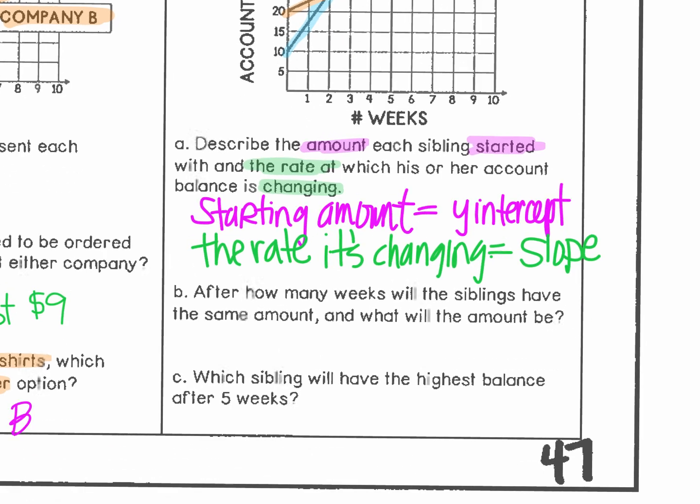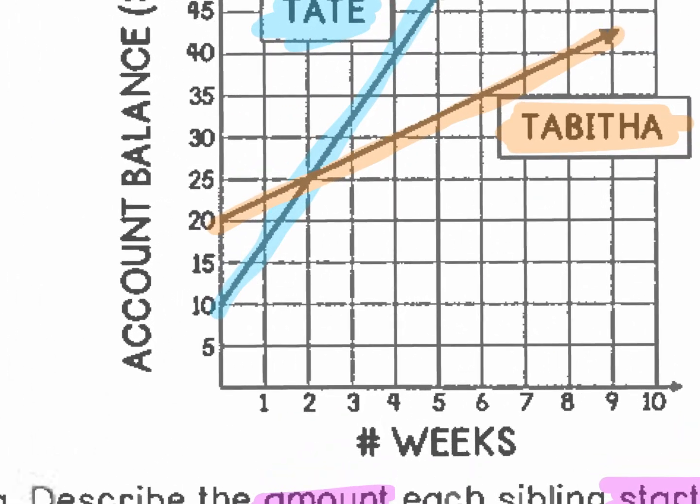Then letter B, it says, after how many weeks will the siblings have the same amount, and what will that amount be? So again, this is the new thing we're focusing on. When they have the same amount, how many weeks is it, and then what is that amount? So if I come up here to my graph and I zoom in, I'm looking for that intersection point, which is right here.